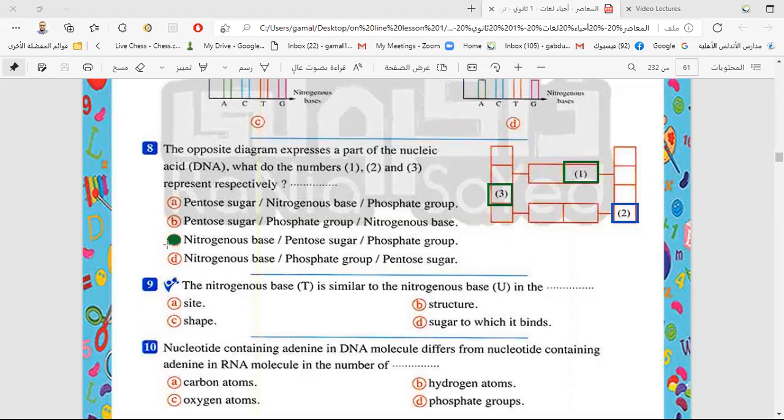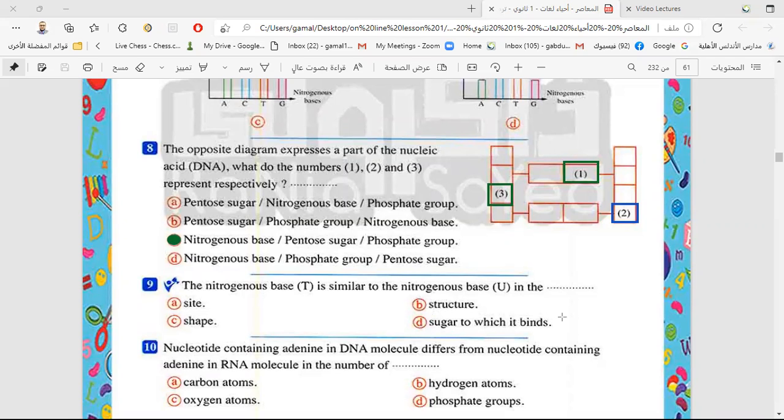Let's move to number 9. The nitrogenous base T is similar to nitrogenous base U in what? Do they have the same site, the same structure, the same shape, or the same sugar to which they bind?